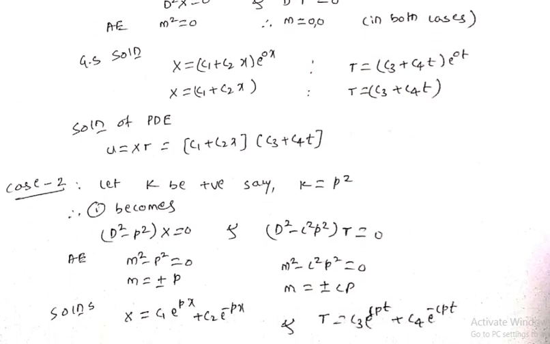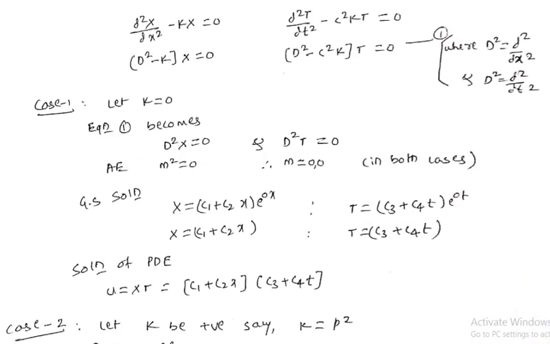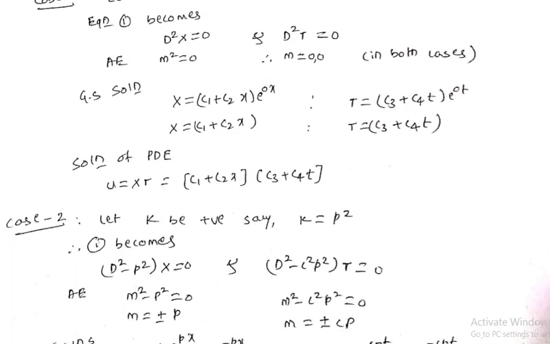In case number 2 we use k equal to plus p squared. So substituting k equal to plus p squared again in equation number 1, we get D squared minus p squared into X equal to 0, and D squared minus c squared p squared into T equal to 0.